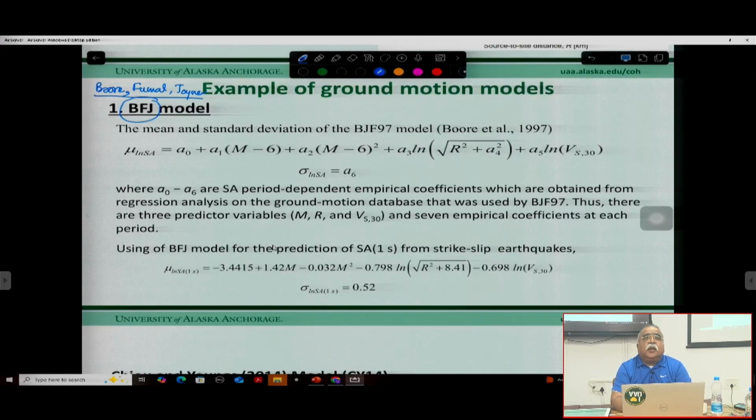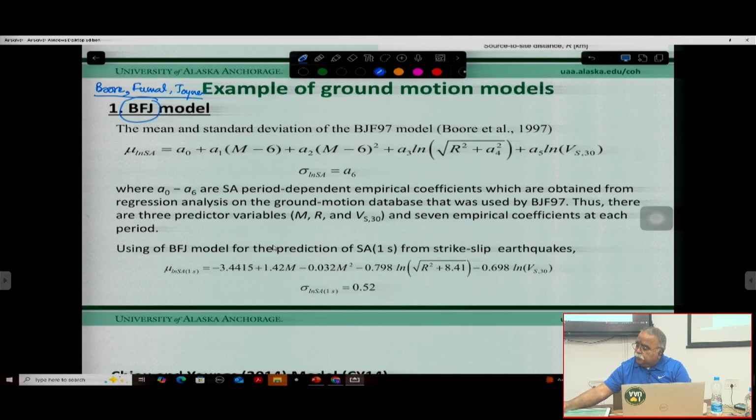Now this ground motion model is given by this relation. That model they had established by studying a lot of earthquakes and their attenuations.